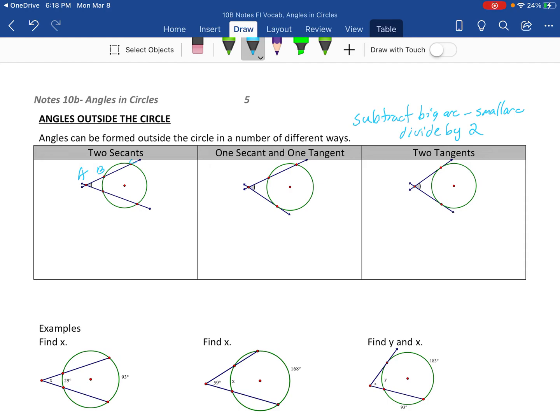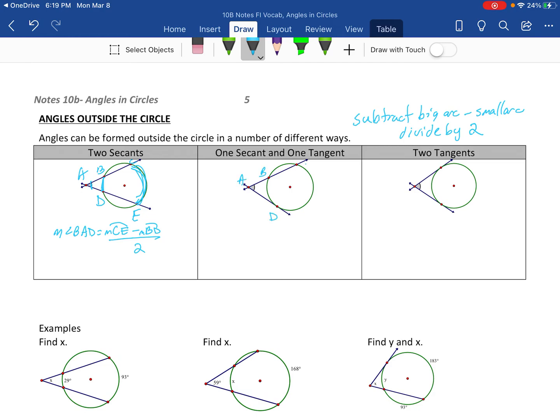So if I have A, B, C, D, and E, here's our angle, and you see that these are our intercepted arcs. So the measure of angle BAD in this case is equal to my big arc, which is CE, minus my small arc, which is BD, divided by 2.